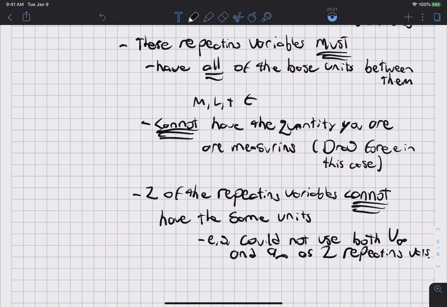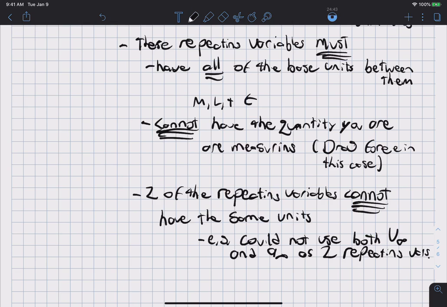We simply cannot, because V infinity and A infinity have the same units. And now the other ones are arbitrary. So these three here are the rules that you cannot break for Buckingham Pi to work.